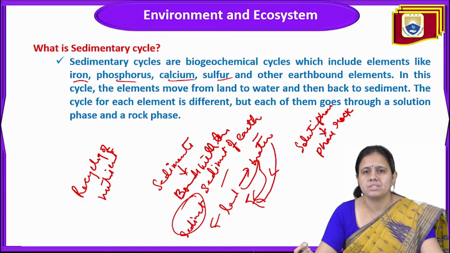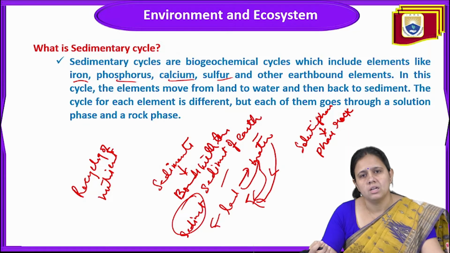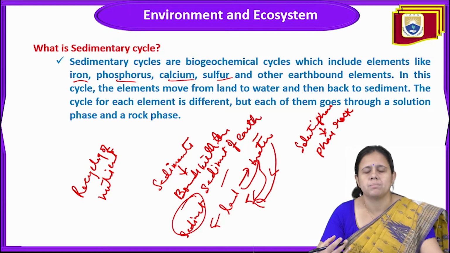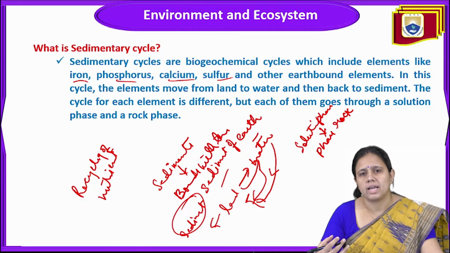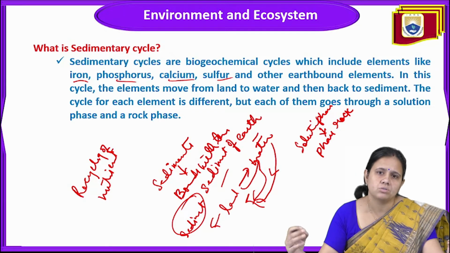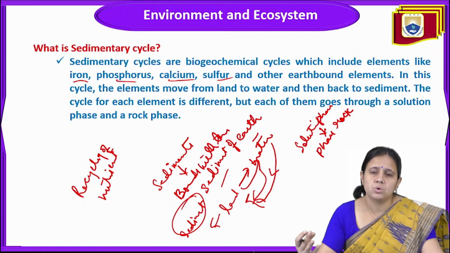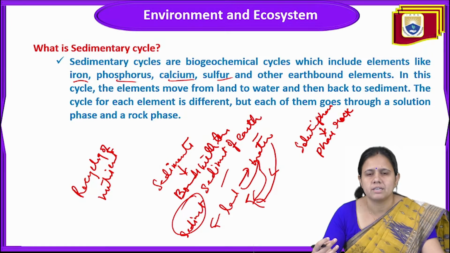Since it is bounded with the sediments, it will be released from the rock phase, the solid phase, by some activity, like rain. Then it is released into the land and comes back to the rock phase, bound again with the sediments. Sediments means soil.